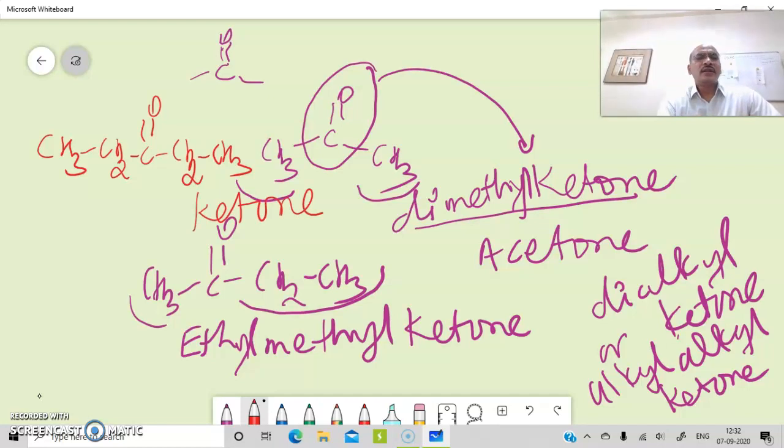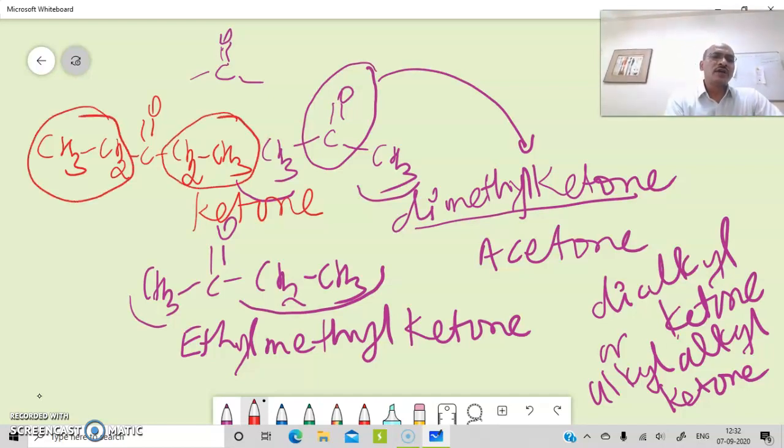But other than that, there is an ethyl group and there is also an ethyl group. So two ethyl groups are there. So you will write it as diethyl ketone. Okay, so this is the common name system for ketone. It is applicable for simple, smaller molecules of ketone type.